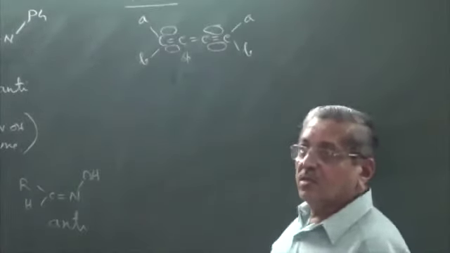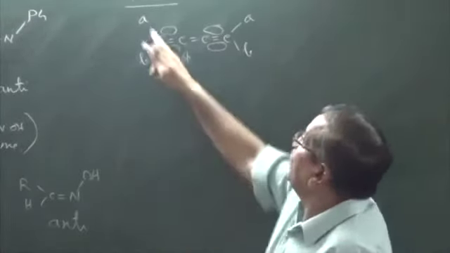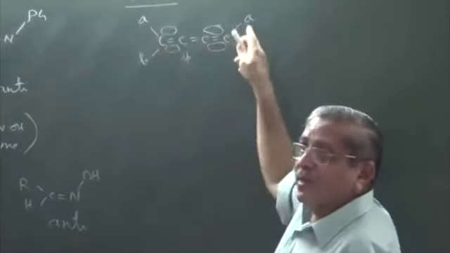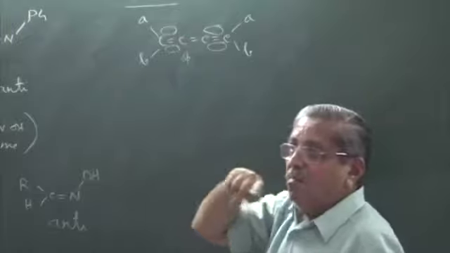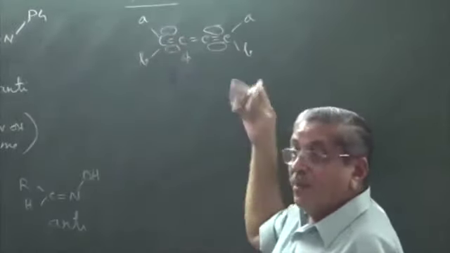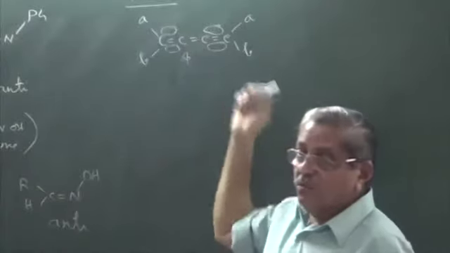Is it not? That means, if these are single atoms, like hydrogen, chlorine, bromine, iodine, how many atoms are there in the same plane in this molecule?